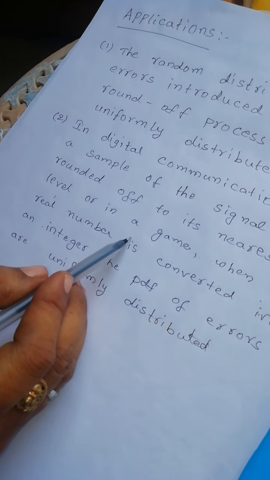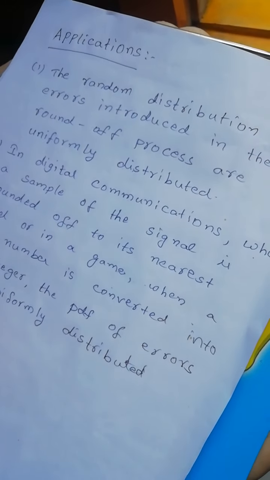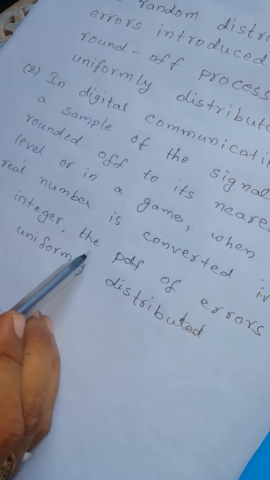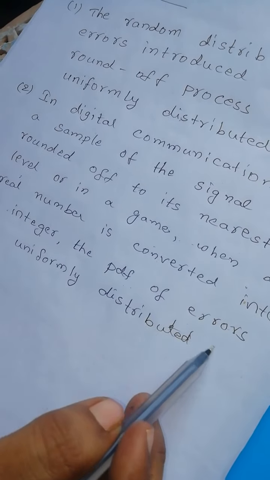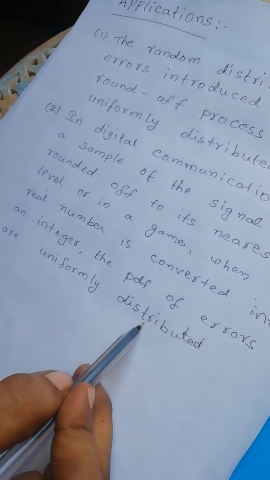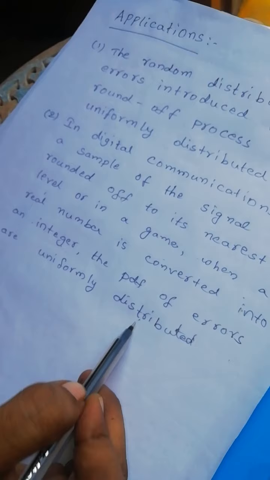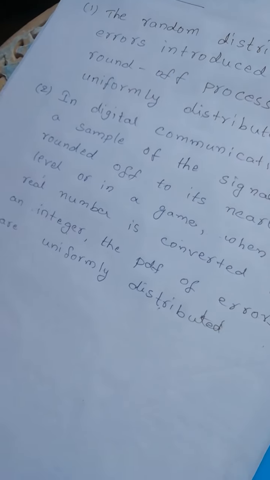Or, in a game, when a real number is converted into an integer, the probability density function of the errors is also uniformly distributed. These are the two applications of uniform density functions.